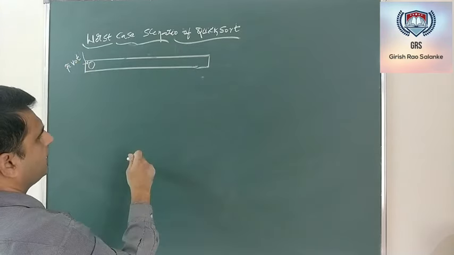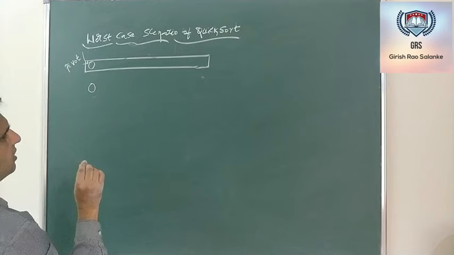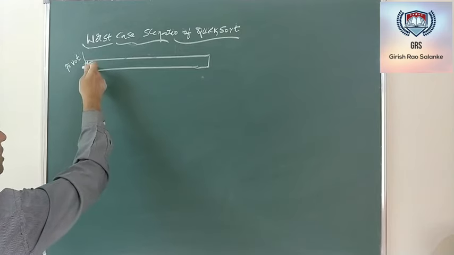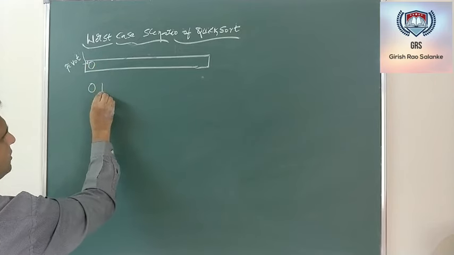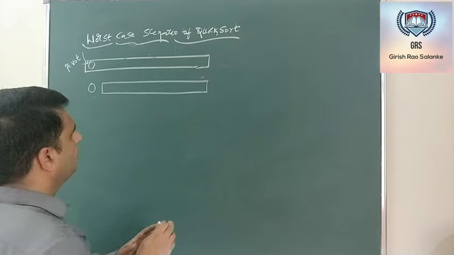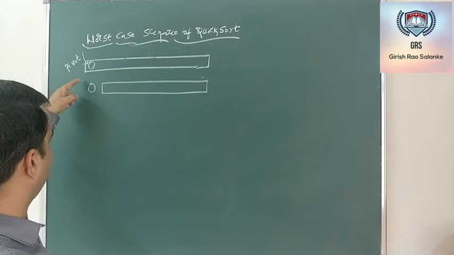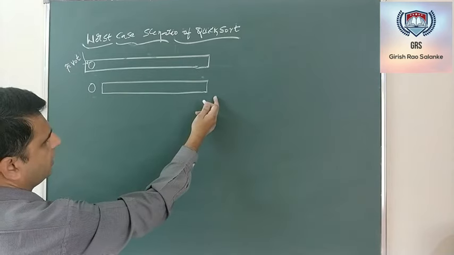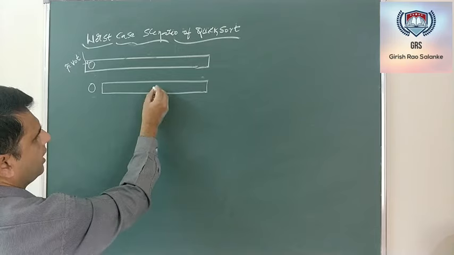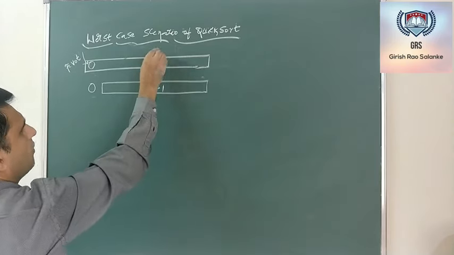Now after doing the partition, if you observe that the position of the pivot element remains unchanged, the position of the pivot was first, now it is first only. Now what it has done? It has divided the array into unequal parts, wherein on the left hand side there are no elements, and on the right hand side I have the remaining n minus 1 elements, out of n elements.